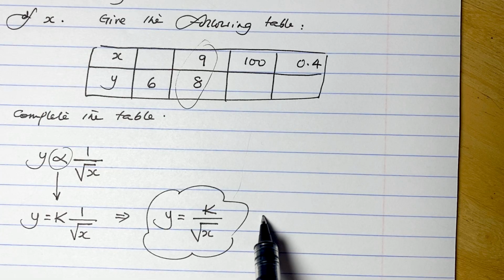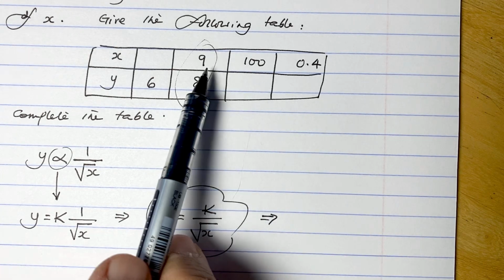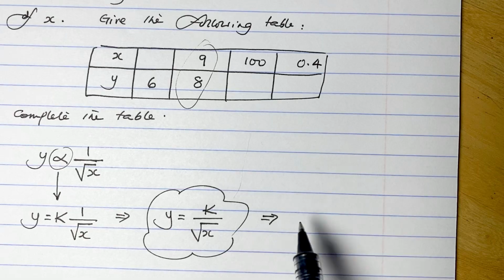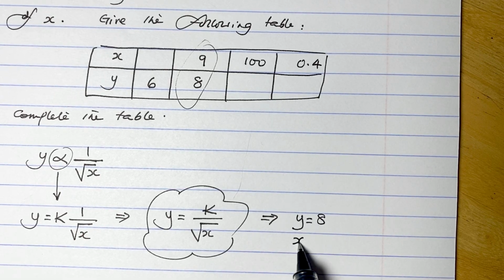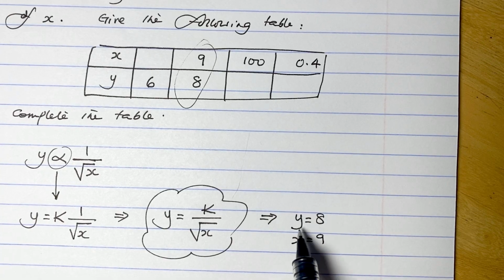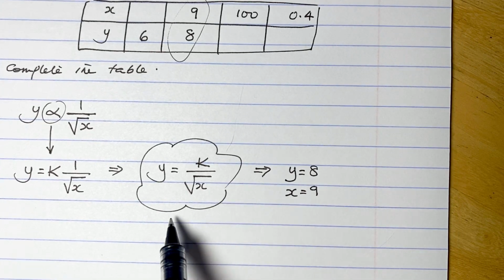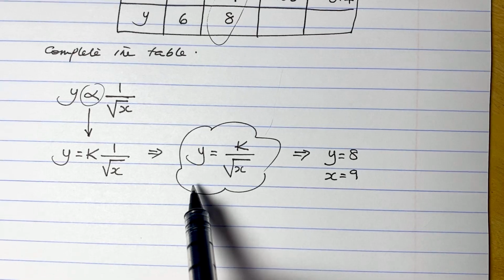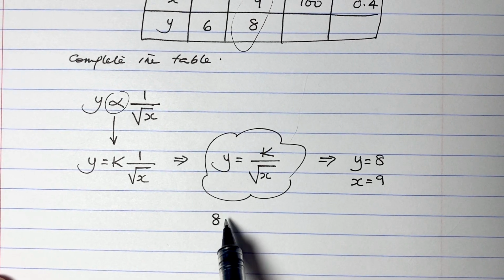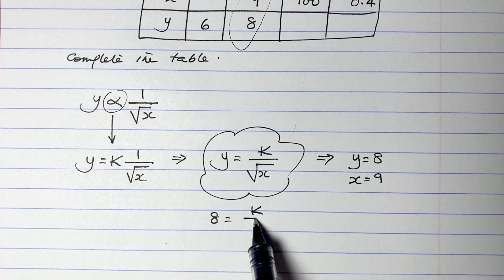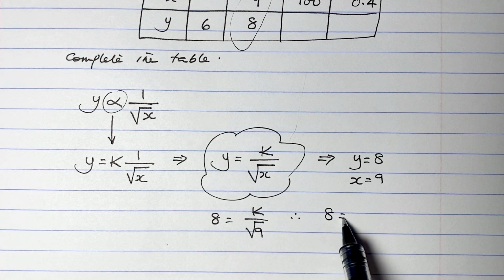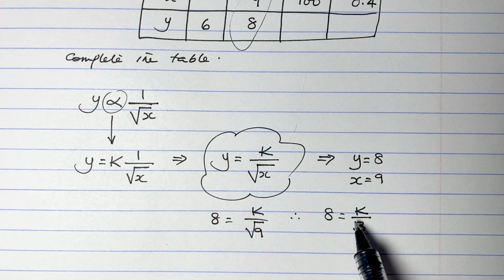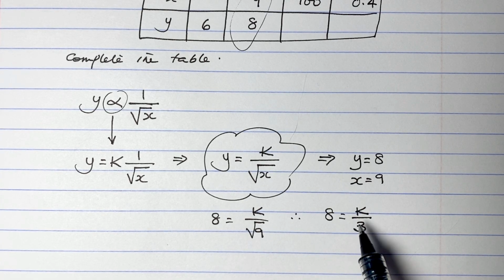Boundary condition is when both x and y are given to us, so we can evaluate the value of k. So here I'm using x as 9 and y as 8. I'm going to replace it in here. 8 equals k over square root of 9. Therefore 8 equals k over 3. Of course, it could be plus and minus 3.